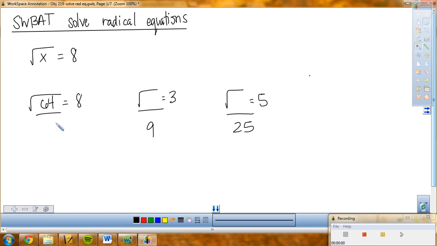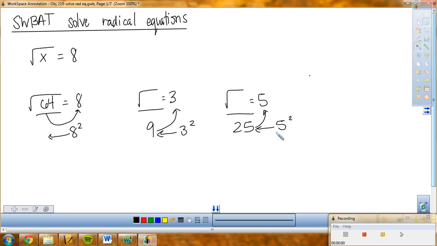So how are we going from 64 to 8, from 9 to 3, from 25 to 5? What is happening to this number that's giving us that product? And we should see that it's 8 squared giving us that root, or 3 squared giving us that number, or 5 squared.